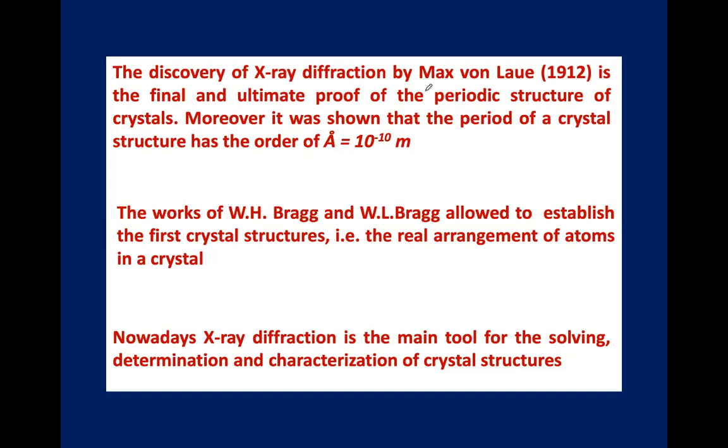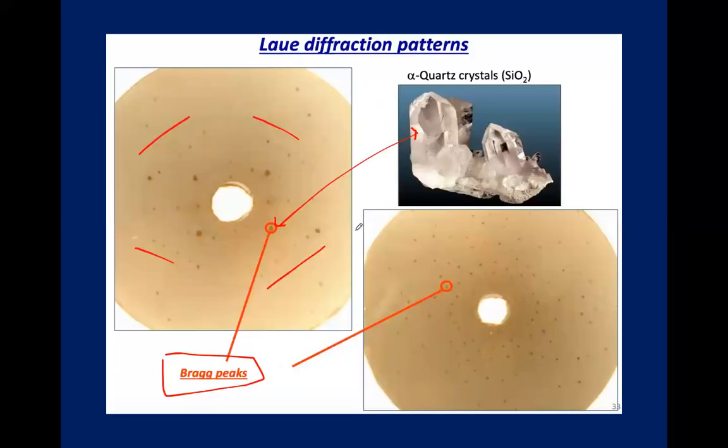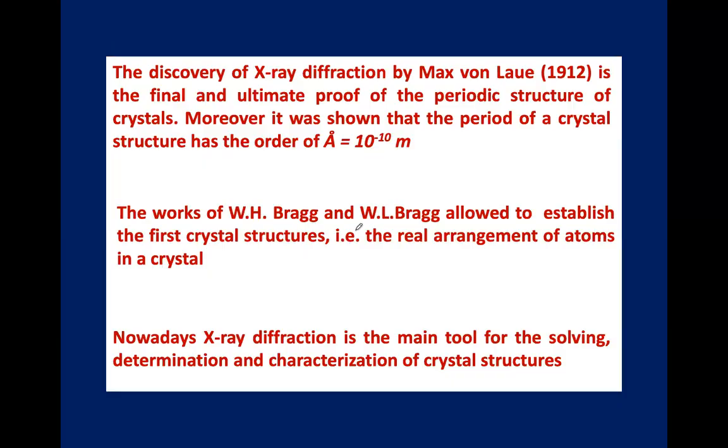So this is a kind of proof of the periodic structure of crystals, because we just thought there should be a periodic structure, in terms of atoms of a crystal, that should give you a systematic pattern, right? That concept was proved by his experiments, right?